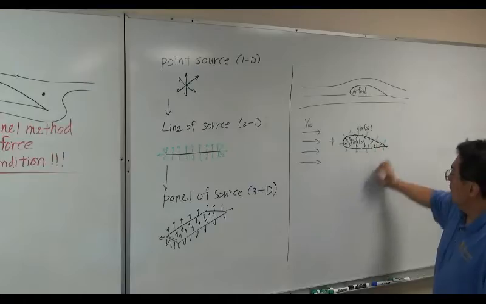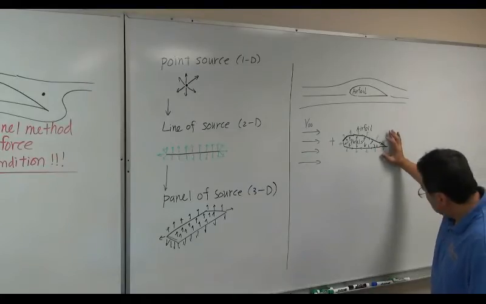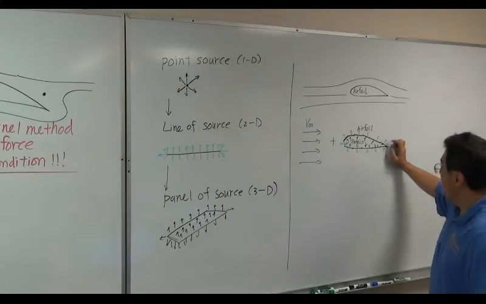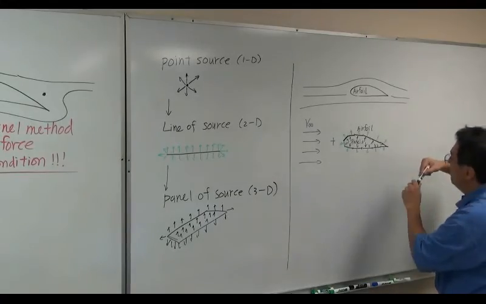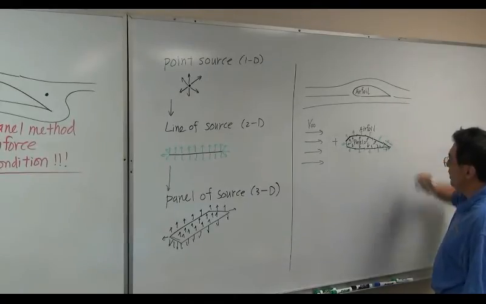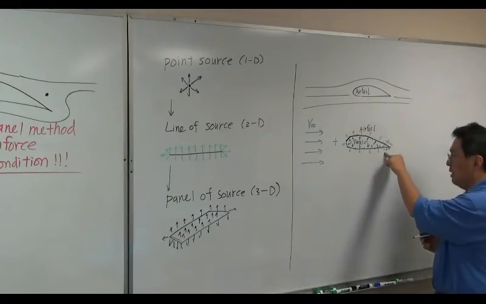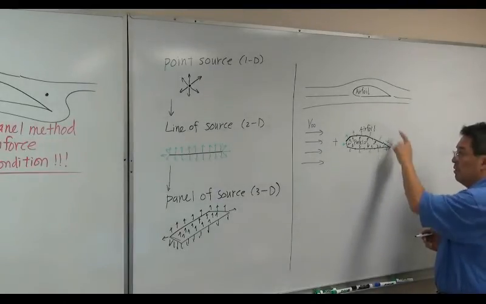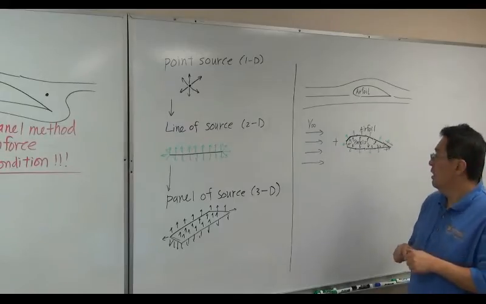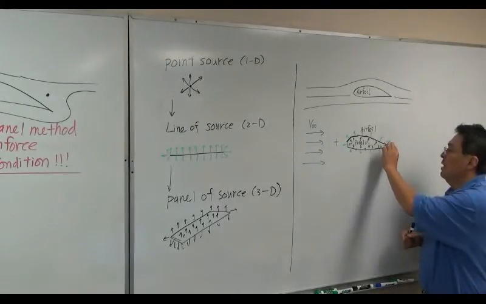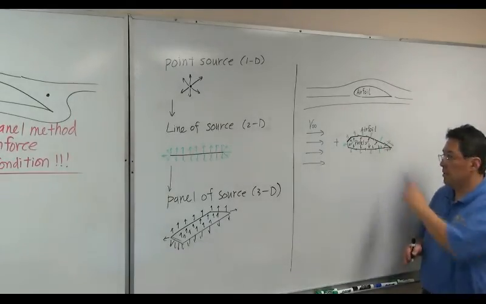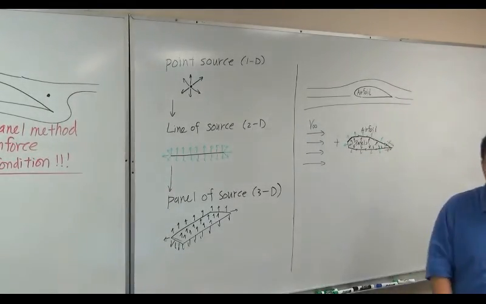Even if you adjust each panel's velocity, you cannot make the velocity perpendicular to this panel at the trailing edge equal to the velocity perpendicular to that panel. You can never adjust such a thing. You can only adjust to see if the perpendicular velocity is 0 at any panel. That's the only thing you can do.